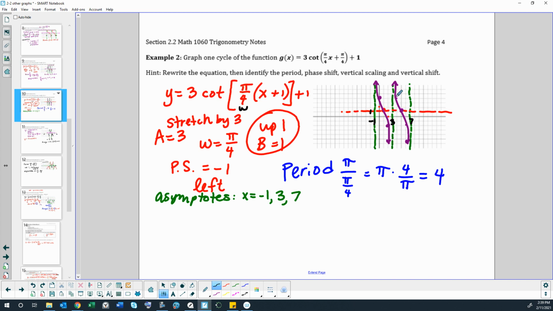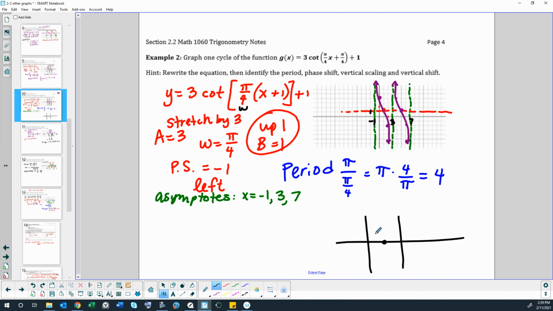So when we stretch this by 3, we can see that by taking our quarter marks, which would normally be 1 away from the intercept. So see, this is moved up 1. But if we had the graph before it's moved, so here's our cotangent graph here, and here's an asymptote and here's an asymptote.